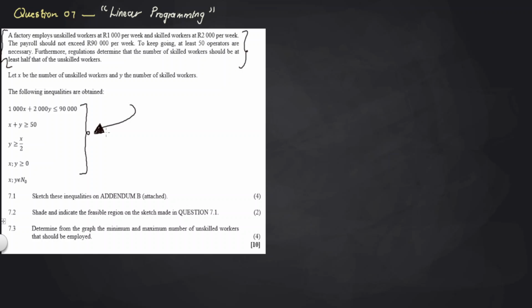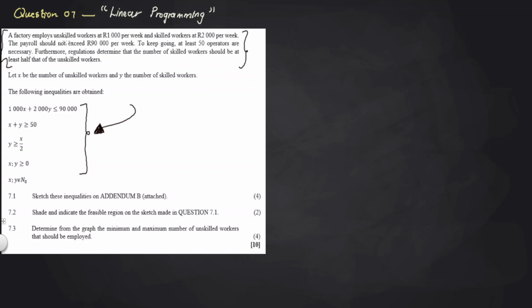But in level 3, they give you the constraints, and your only task is just to plot or sketch the constraints. All right. So learn again, but let's just go over the statement, even though they give us the constraints.